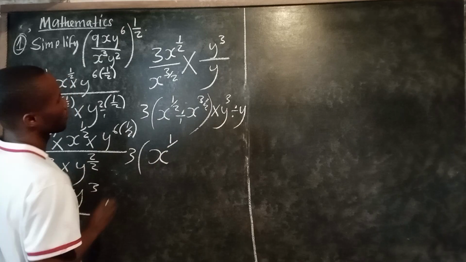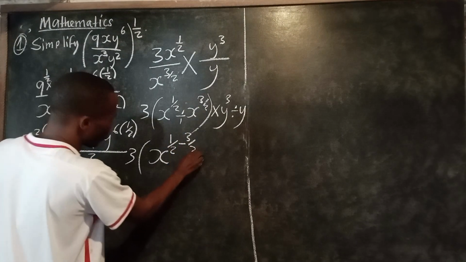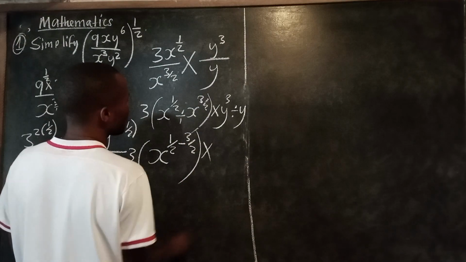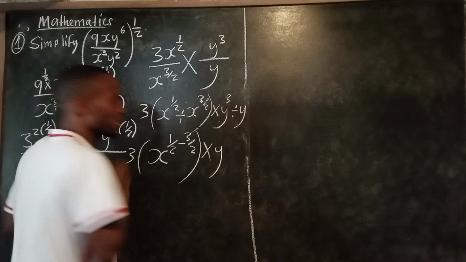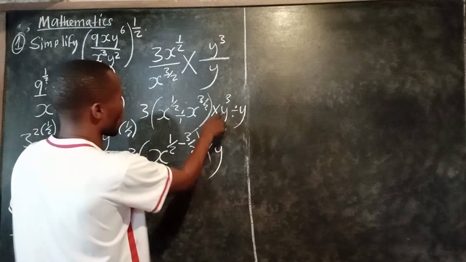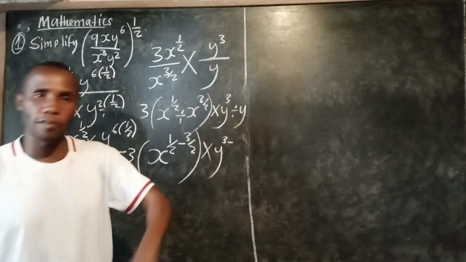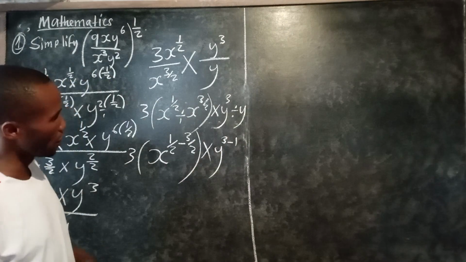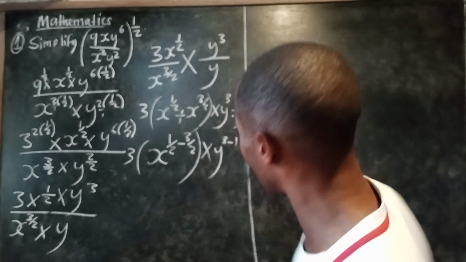We say 1 over 2 minus 3 over 2. What is the answer there? Okay, then times. Here also we are dividing the same base. So just write 1y. What will happen to the powers? We need to subtract. So here we have 3, then minus. This y is raised to power 1. So we say minus 1. That's what it means. Just that the power 1 there is invisible.